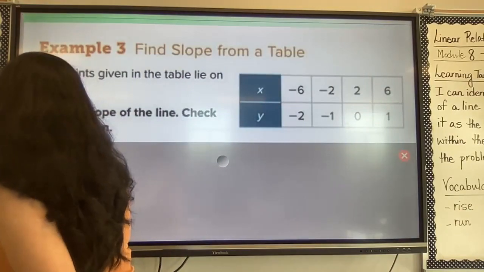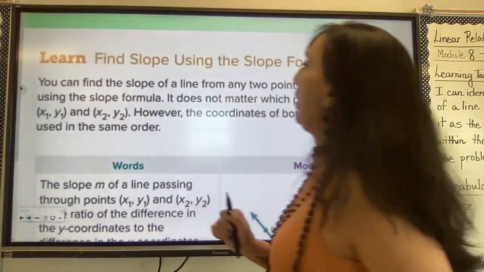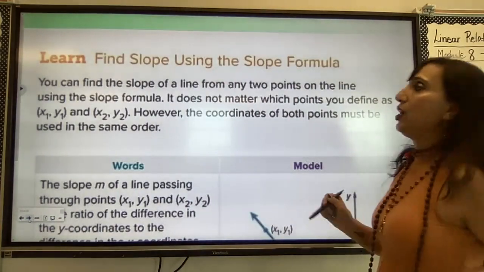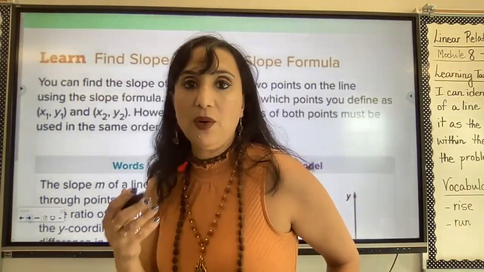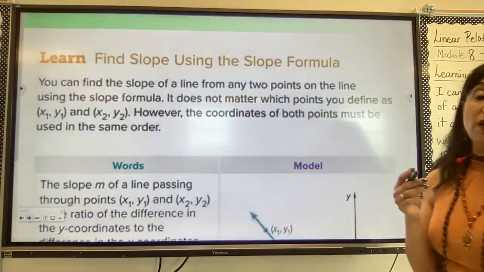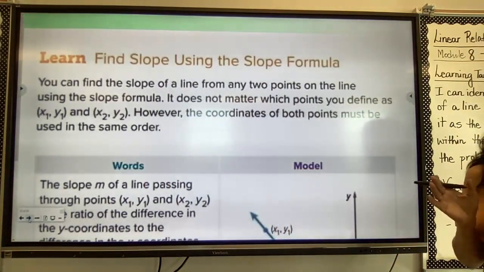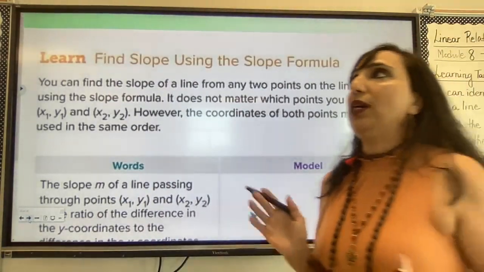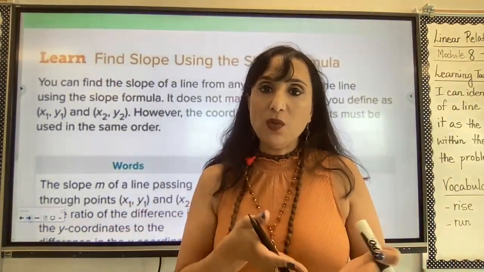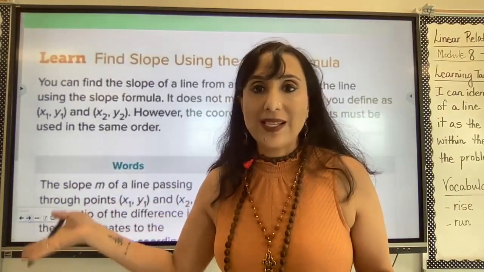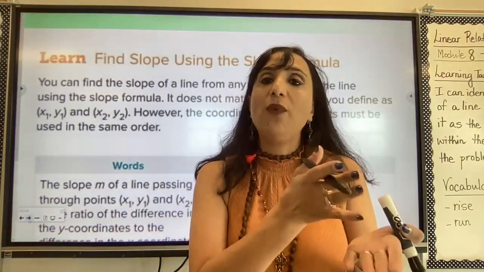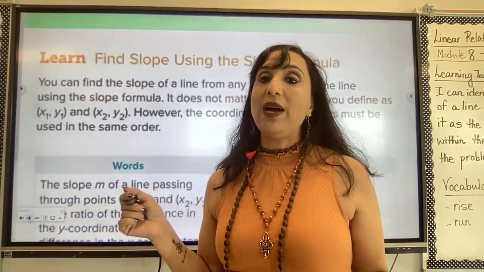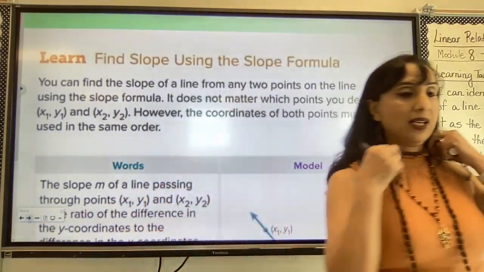You can find the slope of a line from any 2 points on the line using the slope formula. You have the first ordered pair, you have the second ordered pair, and you're doing y2 minus y1 over x2 minus x1. That is equal to slope, which is represented by the variable m. M is equal to y2 minus y1 over x2 minus x1.